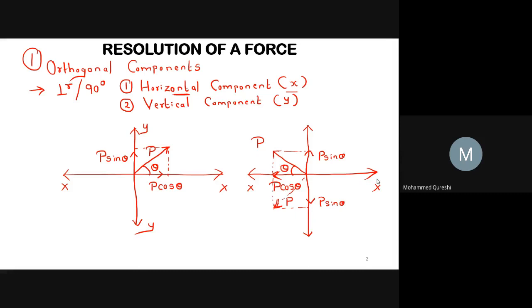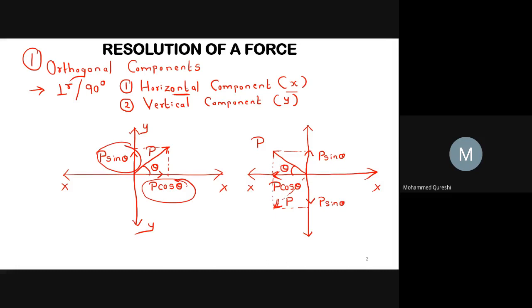And in resolution of a force, there are two kinds of components, orthogonal components and non-orthogonal components. Orthogonal components are those which are perpendicular to each other, making 90 degree with each other. Generally, a given force is split into two mutually perpendicular components, the horizontal x component and the vertical y component.